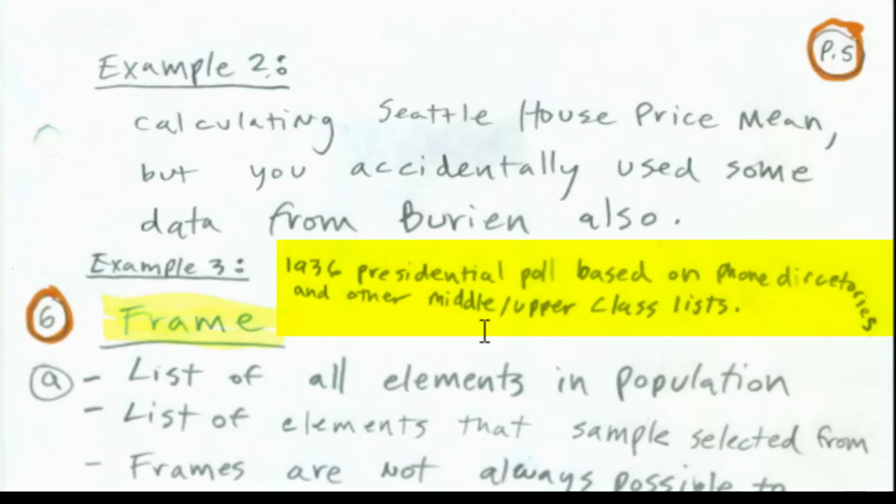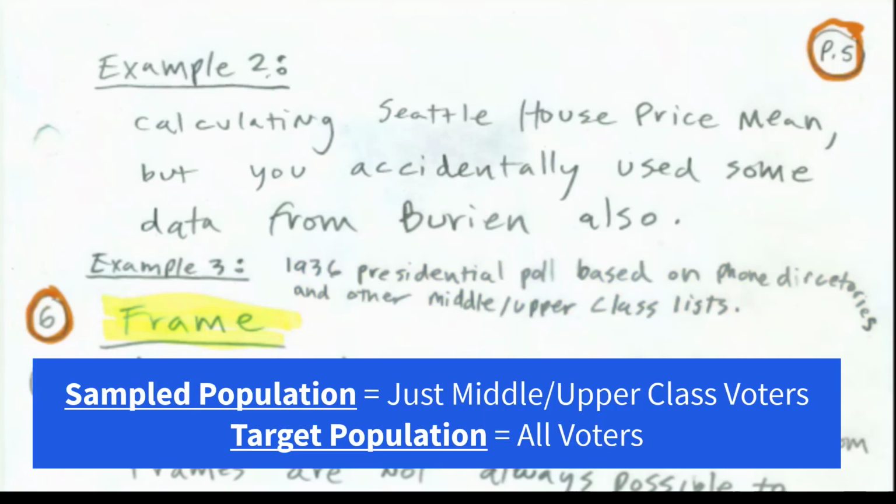So the views they got were highly biased. Well, this famous poll disastrously mispredicted the outcome. And of course, Roosevelt won. Here, the sampled population was the middle upper class instead of what they really wanted, the target population, which was lower, middle, upper, and everything else, all the classes together.